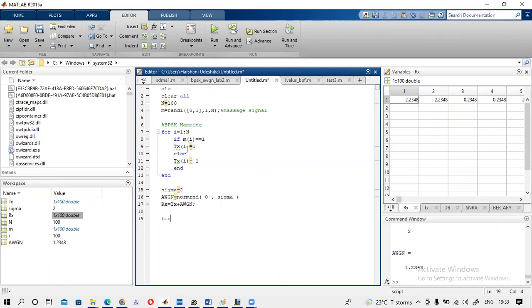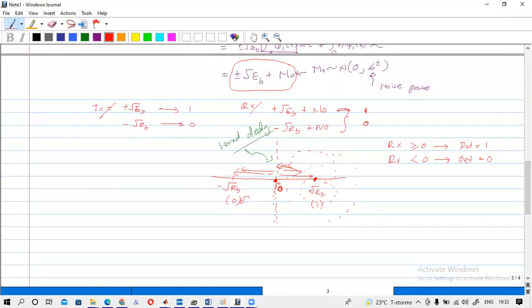So I can write for i equal 1 to n. If my received symbol Rx i is greater than or equal to 0, that means this side, the received symbol is in this region, I will assign it to 1.